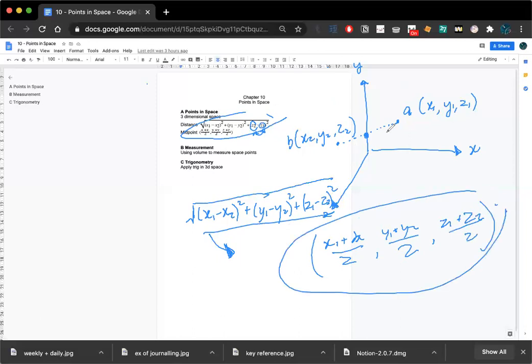When it comes to 3D space, sometimes there are questions in the exams that will ask you to find, for example, the area of this kind of rectangular prism.